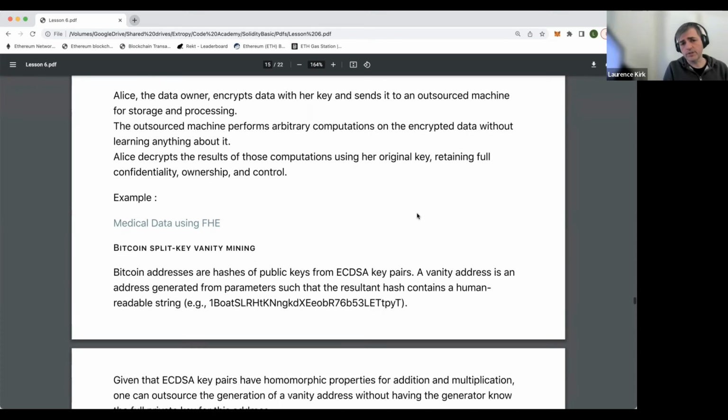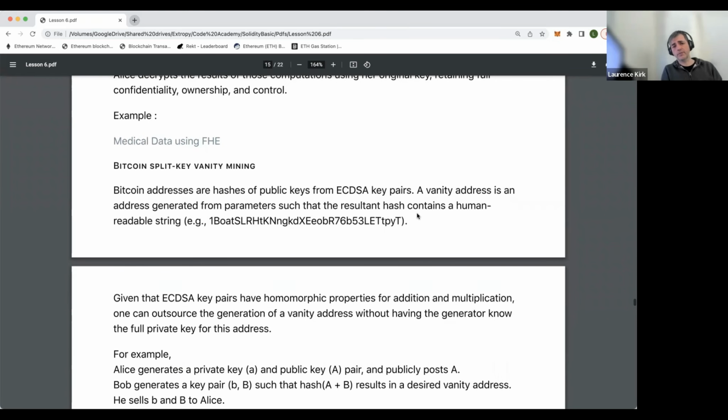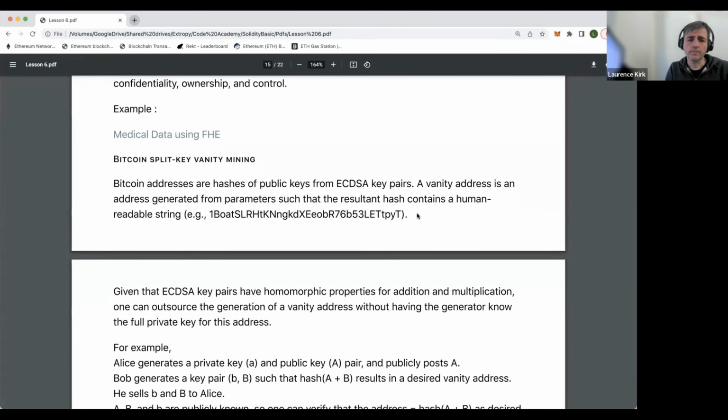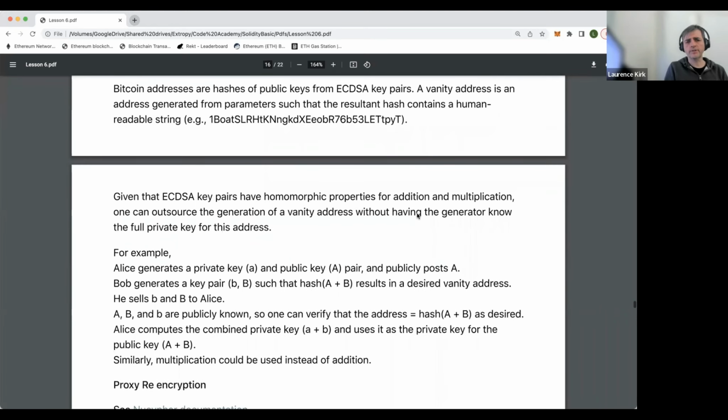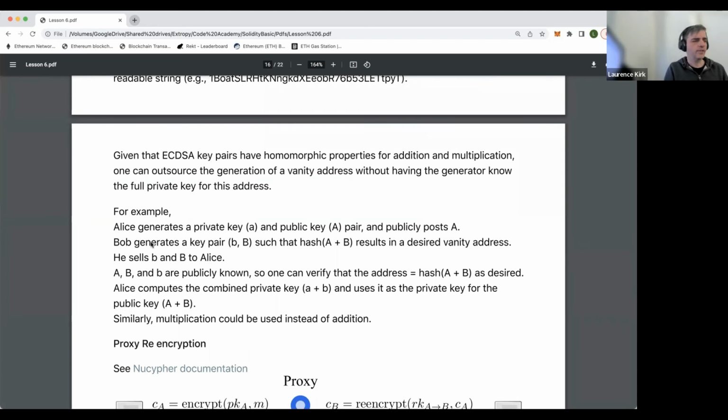You can also do it with Bitcoin addresses, because the hashing process is effectively an encryption, and we can add addresses together. I won't go through this. You can read through it and try it out yourself. But it's a way to create vanity addresses.